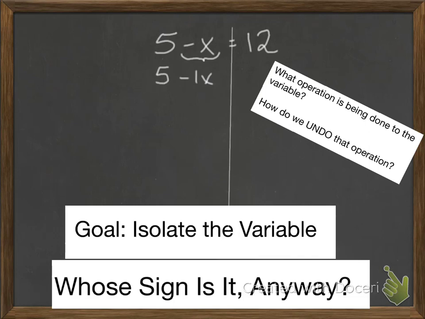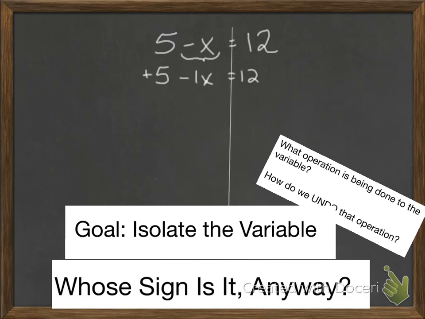It's just blank. So if I wanted to, I could write a plus 5 here to remind myself that the 5 is positive. So now I've clarified what is being done to x. Well, x is being multiplied by negative 1, and then 5 is being added to it. So even though on initial inspection it might appear to be a one-step equation, it's actually a two-step equation because we're going to have to do two different things in order to solve this equation.